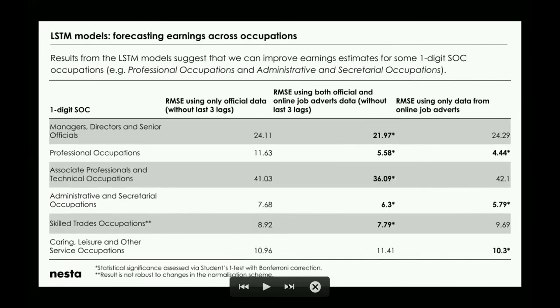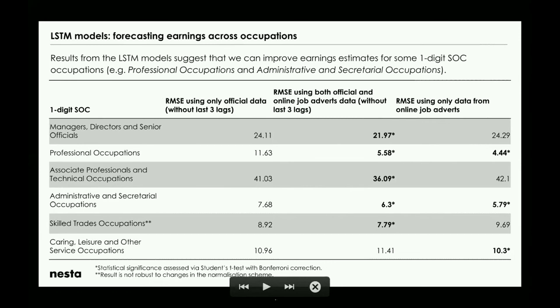So how did we do? These are results again just for the LSTM, since this is where we see some differences for occupations. We can see for most of them, we do achieve some improvements, either by combining official statistics with online job adverts data or only using online job adverts data, although I have to caveat that for skilled trades occupations, this wasn't robust to changes in the normalization scheme of the data.